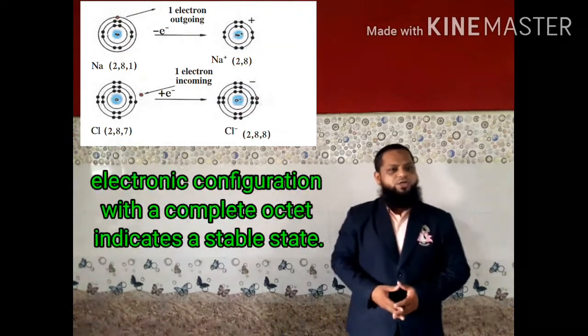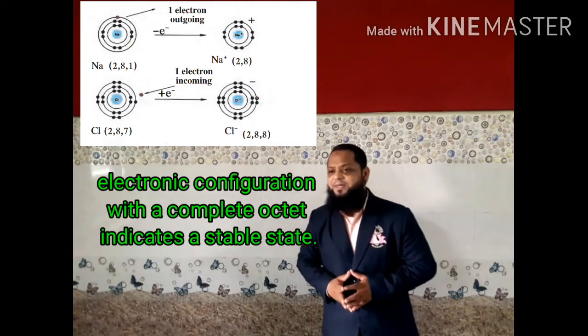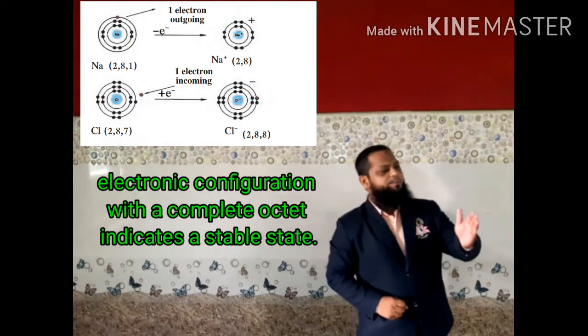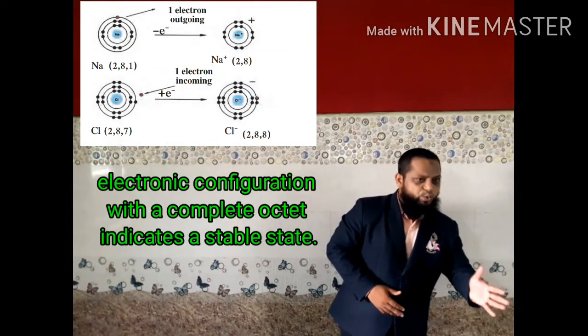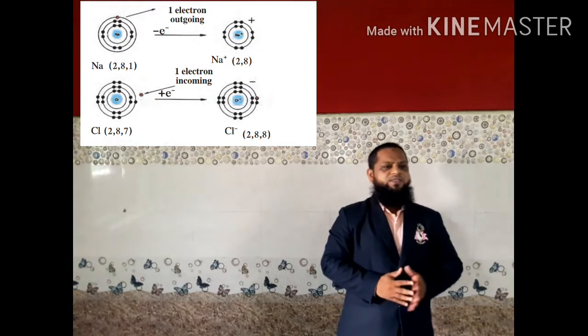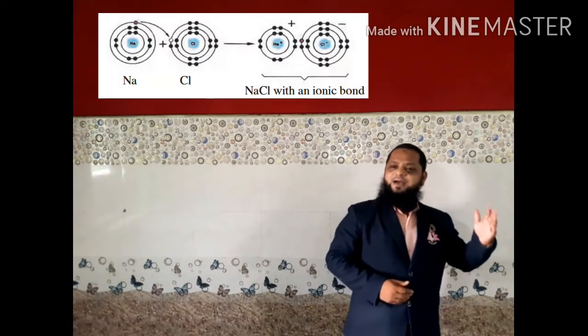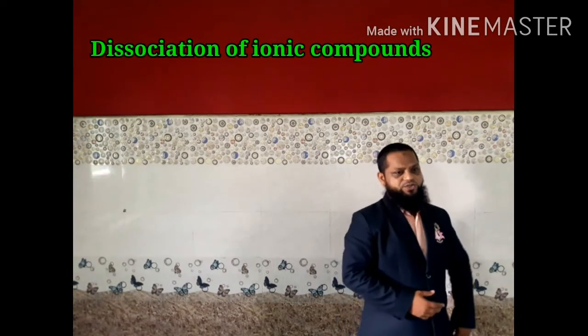Electronic configuration with a complete octet indicates a stable state. An ionic bond is formed between the oppositely charged sodium and chloride ions, and therefore the ionic compound sodium chloride, having very high stability, is formed. Now let's begin the dissociation of ionic compounds.